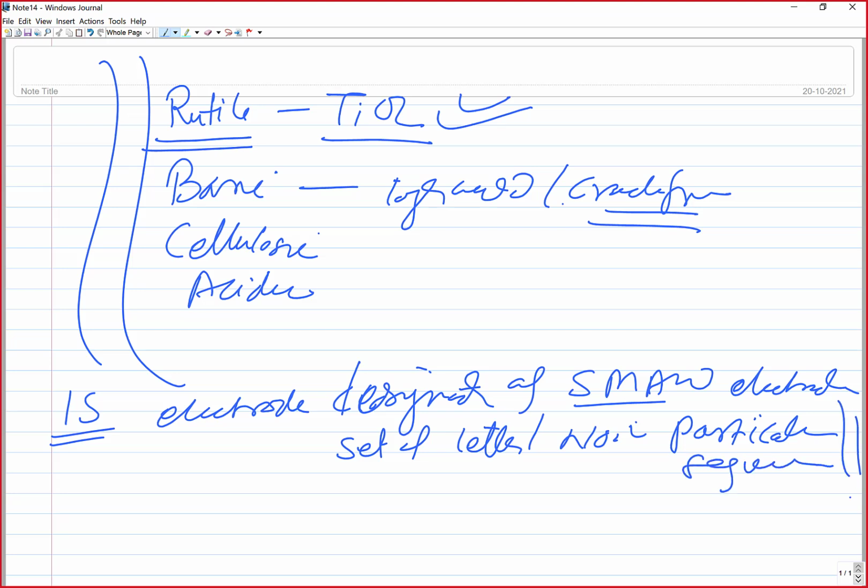If there is any alteration of the sequence, then it will be an incorrect designation.